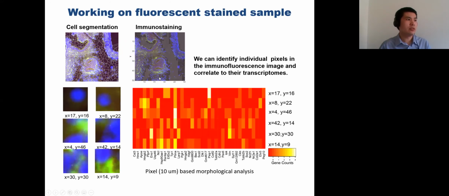For immunostaining, another thing we can do is identify individual pixels. Each pixel will have a well-stained nucleus, so you can count how many cells you have in that pixel. For example, this one has one single cell. This one also has one single cell, but those two may have two cells, or two half cells, or more.